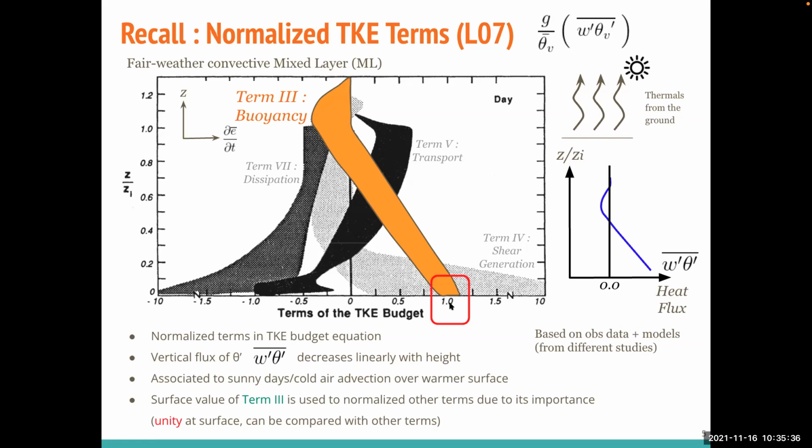Okay, so this is 1 because you have divided the whole equation with just the value of the buoyancy term here. Okay, so I want to show you, we have already talked about this, the normalization of different terms.